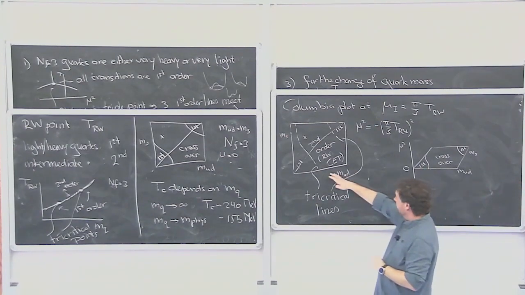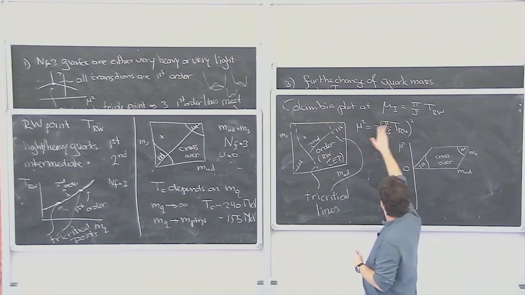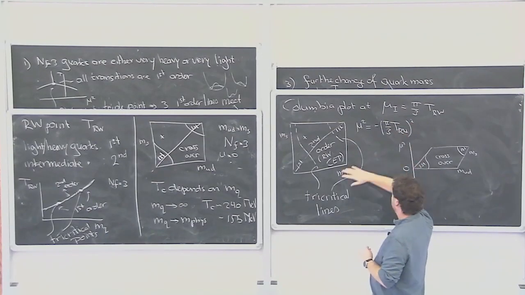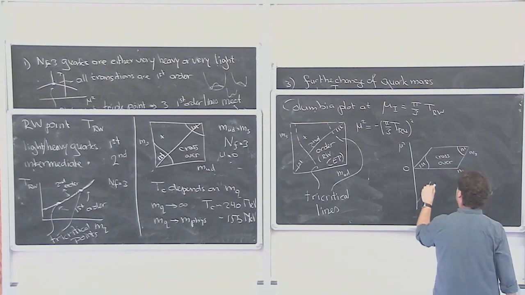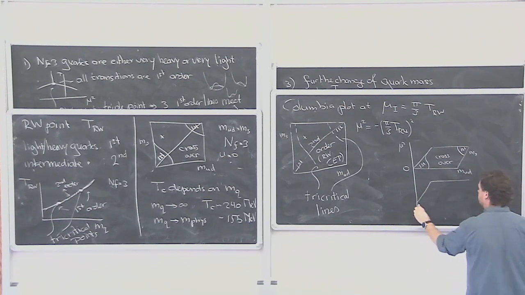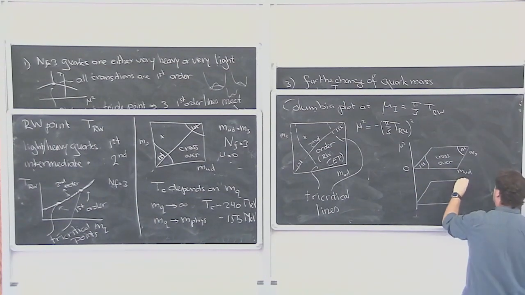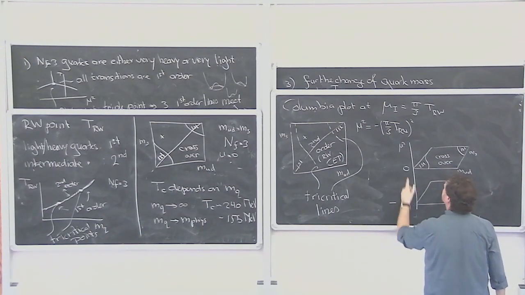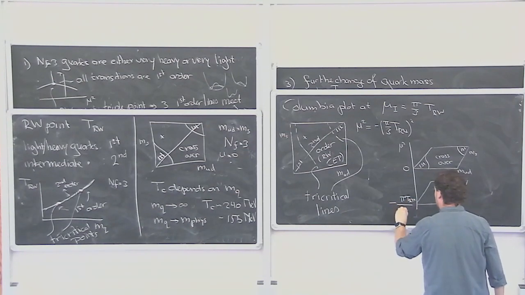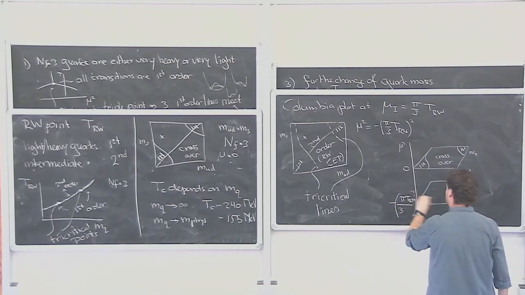And we have this plot here for the special value of mu, which corresponds to the Roberge-Weiss point. So there's a similar plot here now, like this. And this plot is at minus this value, pi T Roberge-Weiss over 3, squared.